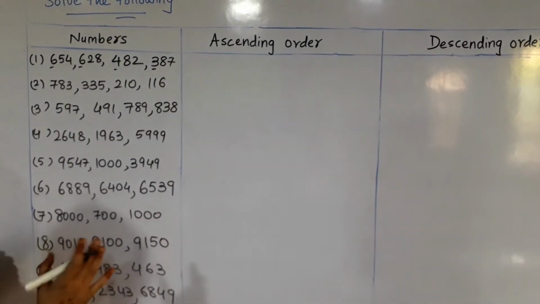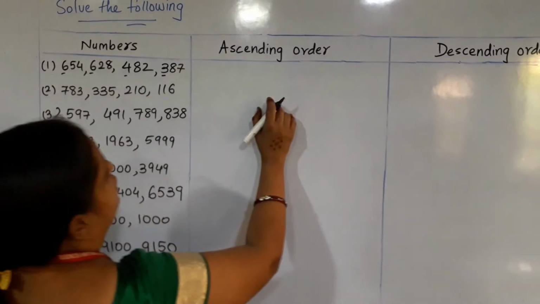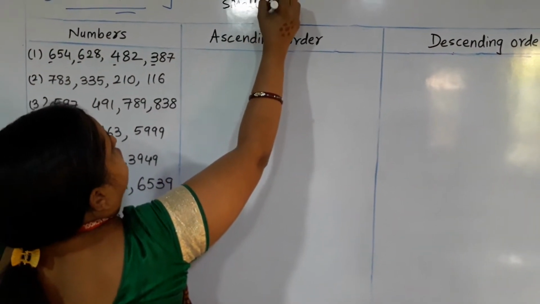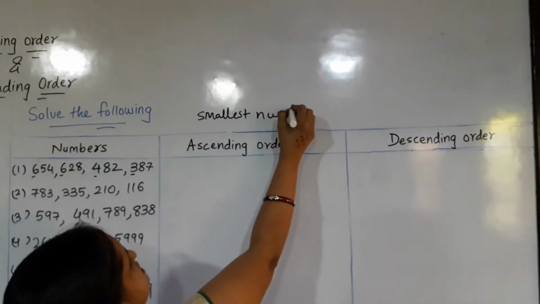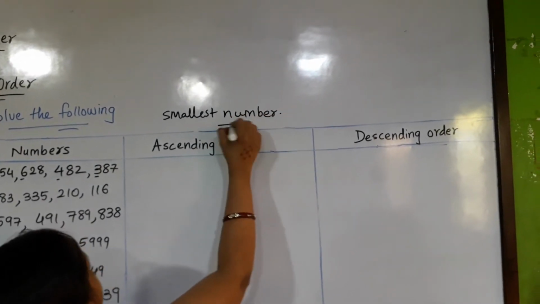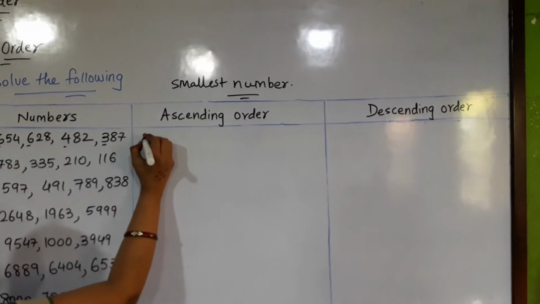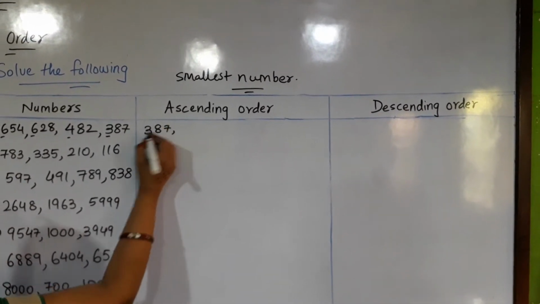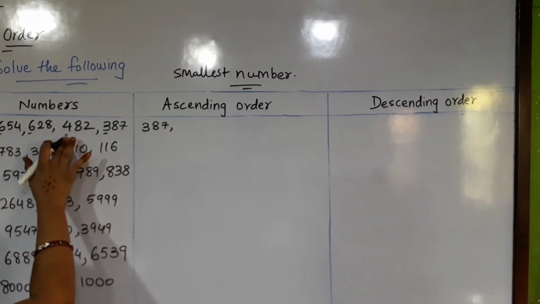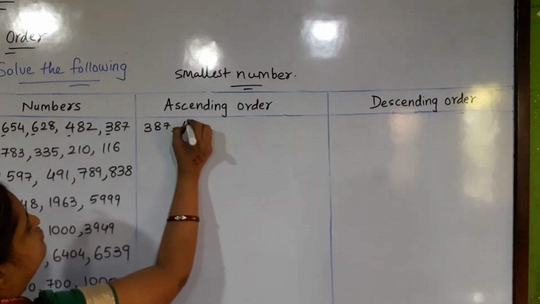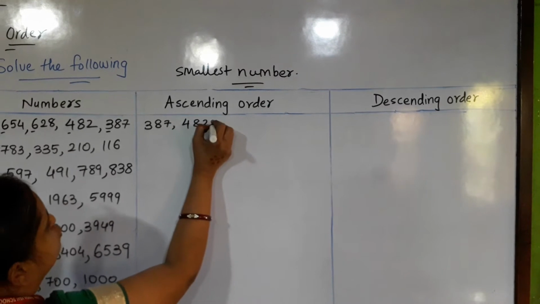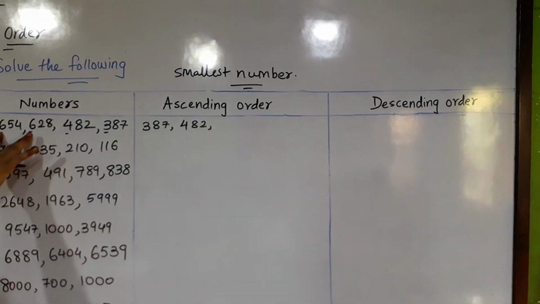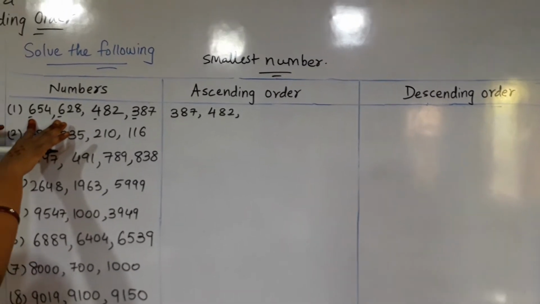So while doing ascending order, what are we doing? Smallest number we are taking first, right? So in this we will write the same. See here, firstly we will write 387. After 3, 4. See, 482. And after that, you can see both digits are the same, 6, 6.